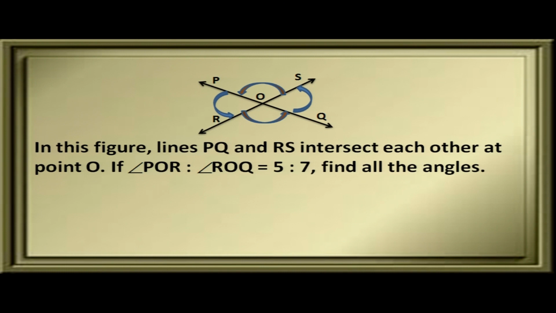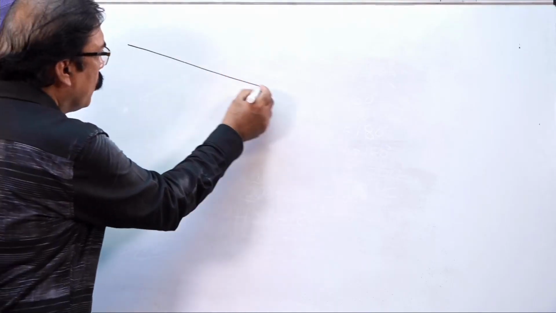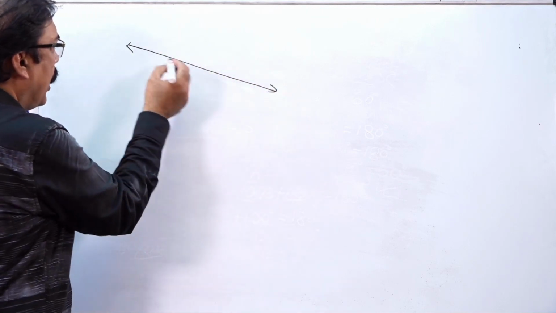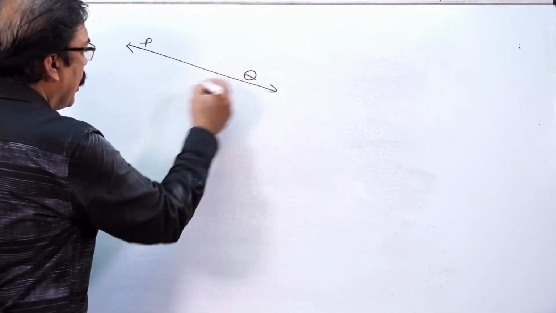The lines PQ and RS intersect each other at point O. If angle POR is to angle ROQ as 5:7, find all the angles. Let's draw two lines PQ and RS.